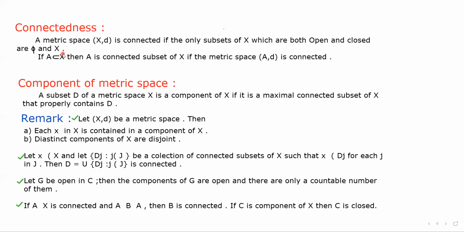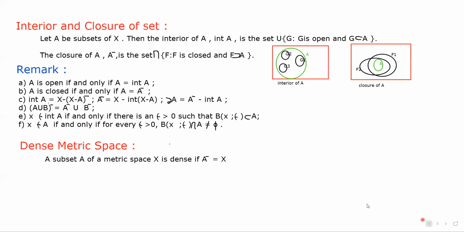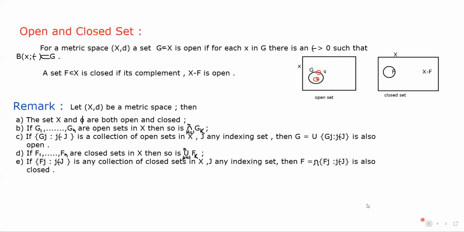We have already seen the definition of open and closed sets. What is the definition of open and closed set? So here we look at that. What is an open set? G is an open set if for every x there is an epsilon greater than 0 such that a ball with center x and radius epsilon is a subset of G. Then we can say G is an open set.